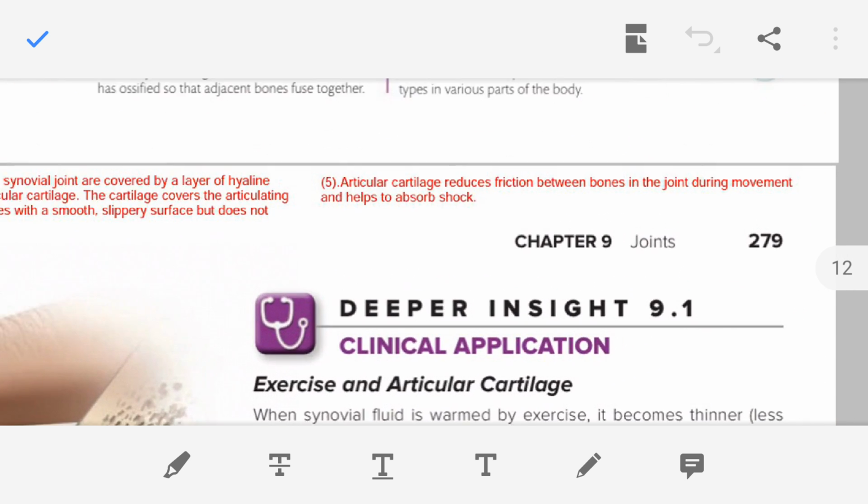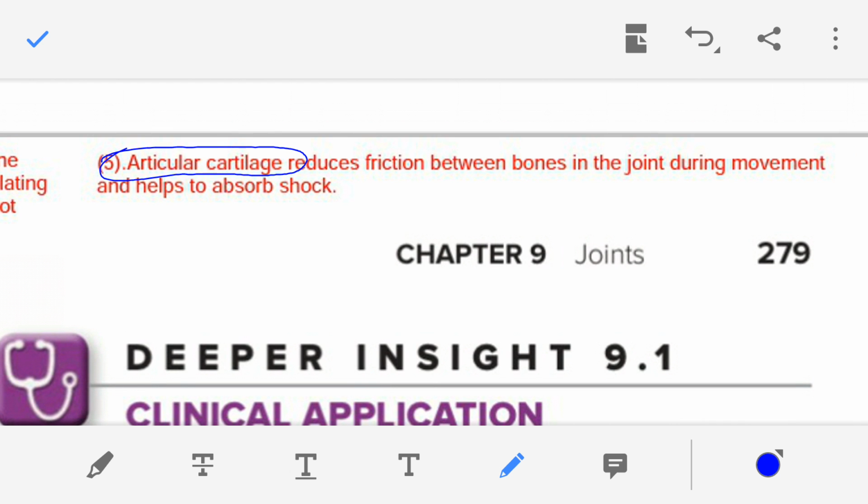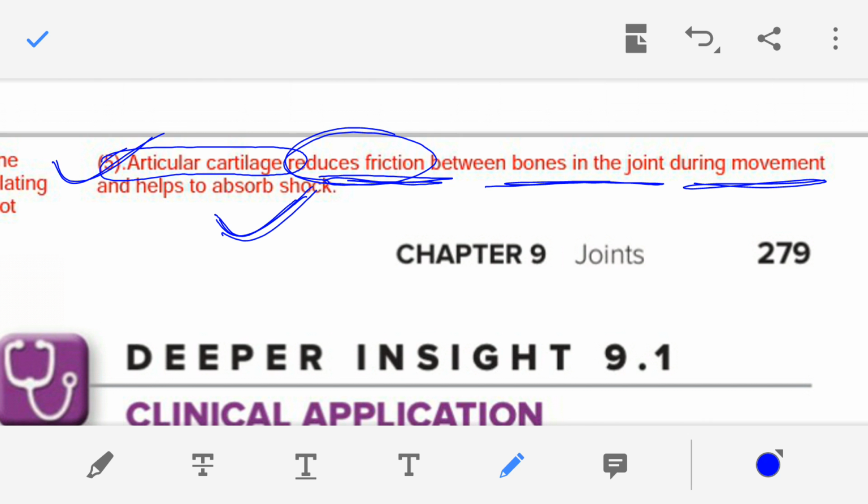Then the fifth point. Now what is this articular cartilage doing on the surface of the bone? Articular cartilage reduces the friction between the bones of the joint during movement. Let's say when we are walking, running, jumping, at that time this articular cartilage is reducing the friction, and at the same time, if any kind of jerk is there, that jerk or shock is absorbed by the articular cartilage.